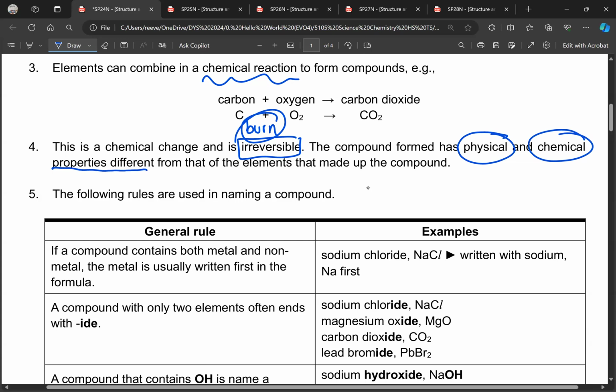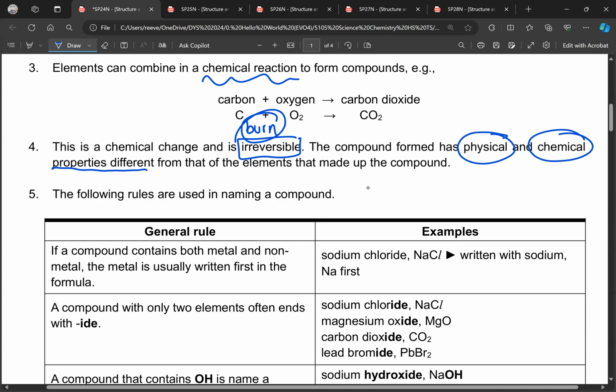They are different now. I give you an example. Carbon is black color. You burn, become carbon dioxide. Carbon dioxide is not black. Carbon dioxide is colorless gas. So the color change. The chemical properties also change. Carbon dioxide is a gas, it's an acidic gas.